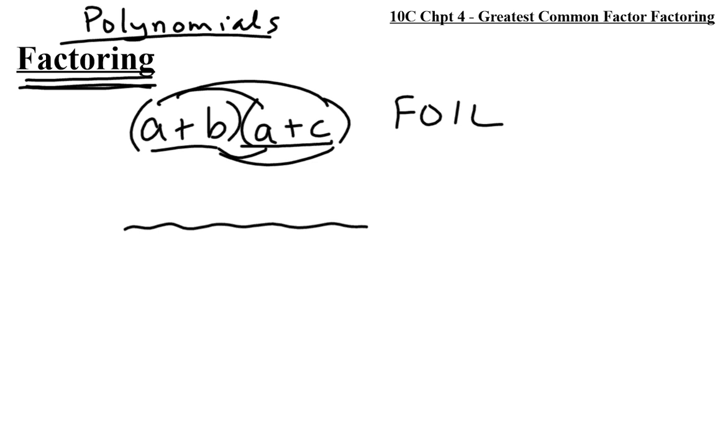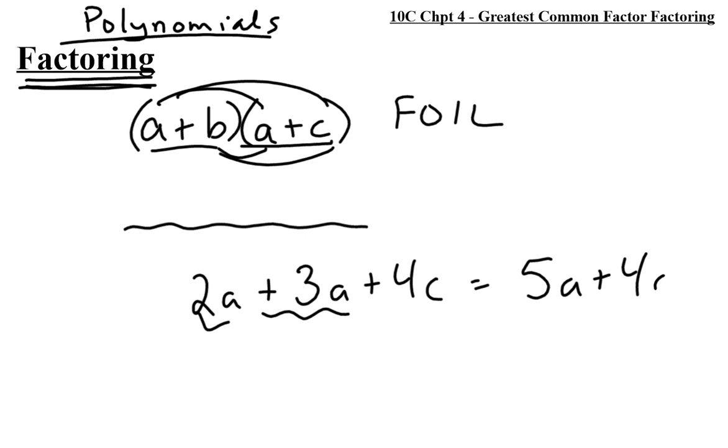We have 2 A's and 3 A's plus 4 C's. We've been combining like terms to get 5 A's and 4 C's. So far in polynomials, we've been putting stuff together.